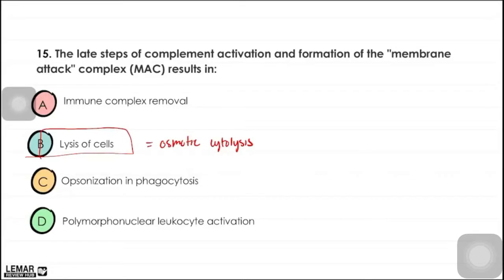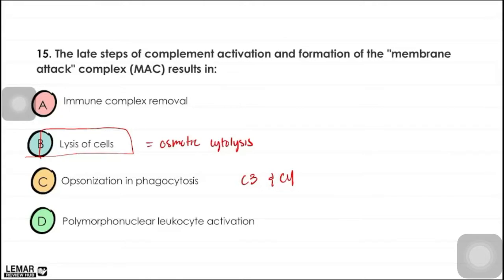That is letter A. Opsonization in phagocytosis is facilitated by covalently bonded fragments of C3 and C4.